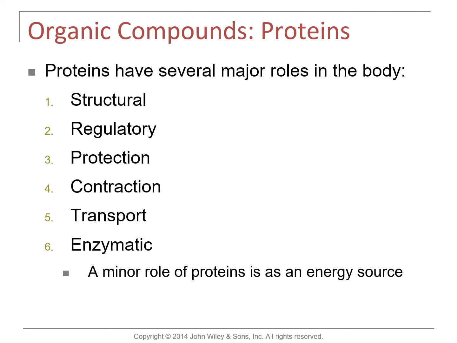Contraction is an important function for proteins. We have contractile proteins, myosin and actin, that interact to generate force and create movement. We mentioned proteins playing a role in transport, such as hemoglobin. Proteins, as we saw, also transport lipids and lipoproteins. Proteins transport iron and calcium and many other substances in the blood.